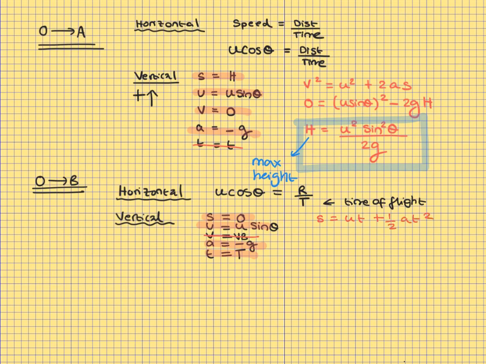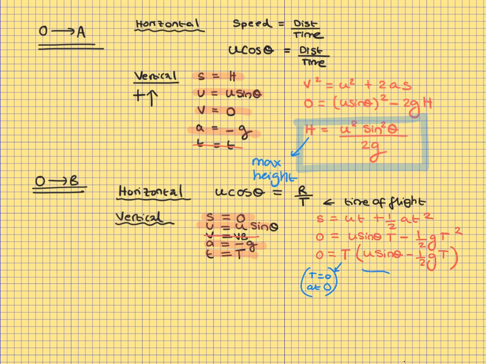So what can I enter into this? 0 equals u sine theta multiplied by t minus a half gt squared. And it's a quadratic equation. I'm going to factorise this quadratic by taking out a t, which leaves me with u sine theta minus a half gt. Now from here, if we solve this quadratic equation, we'll know that we get t equals 0, which is the start of the journey.